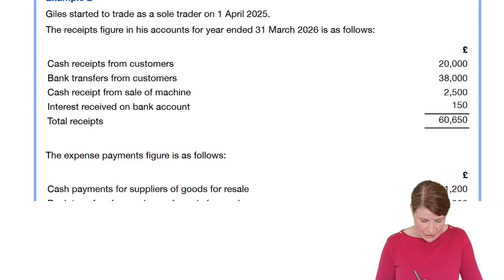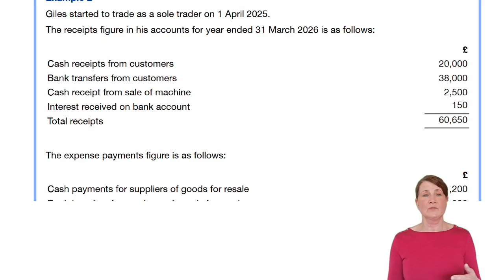We've got the cash receipt from a sale of a machine, yeah, that's also fine, because under the cash basis, remember, items of plant and machinery that we would be able to claim capital allowances on, when we buy them, anything that we pay for them is an allowable expense, and when we sell them, anything that we receive is going to be treated as trading income, with the exception of cars once again.